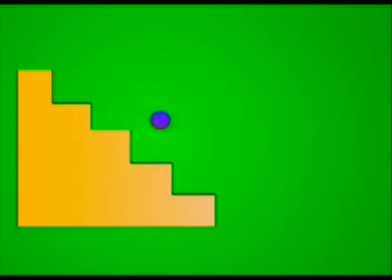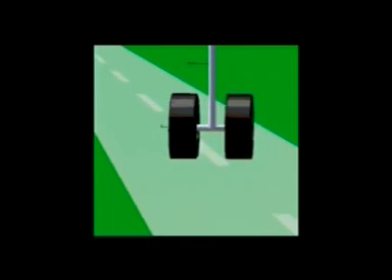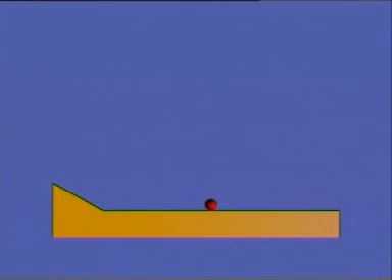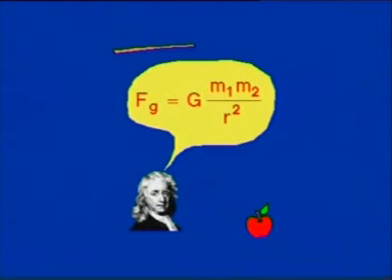Two of the most important forces controlling motions in our daily life are the force due to gravity and the friction force. Incidentally, these two forces are constant in the range of motions of bodies in which we are interested. For example, the force due to gravity is given by F is equal to G m M by r square.